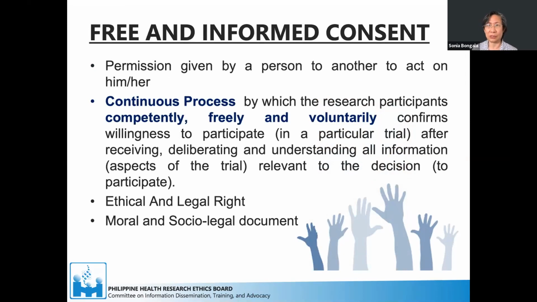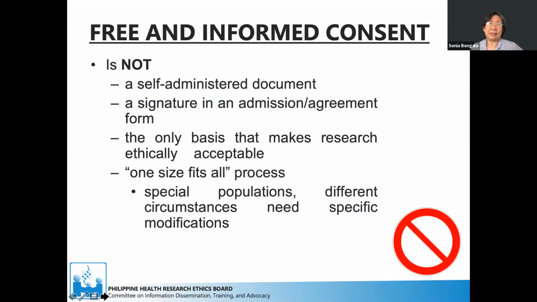When conditions change, a reconsent is necessary, especially if it will affect the choice whether to continue participating or not. It's a legal and an ethical right, and whatever form is signed becomes a moral as well as a social legal document. Okay. What is it not?